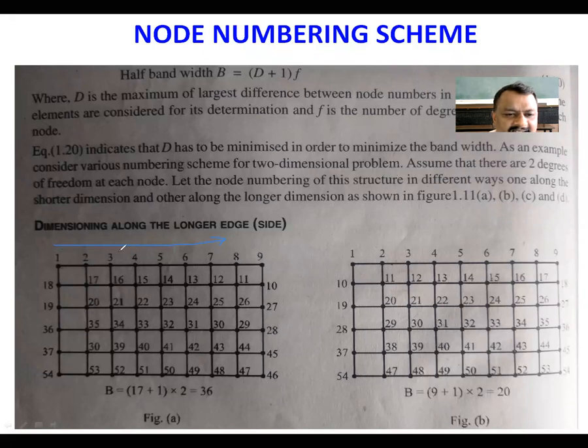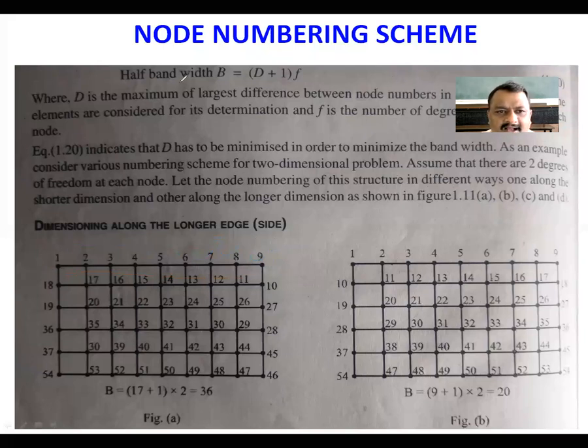I write the node numbers 1, 2, 3, 4, 5, 6, 7, 8, 9, and then come close to node 9 and write 10. I repeat the process in the opposite direction, 10, 11, 12, 13 up to 18. The same thing continues for the whole mesh.